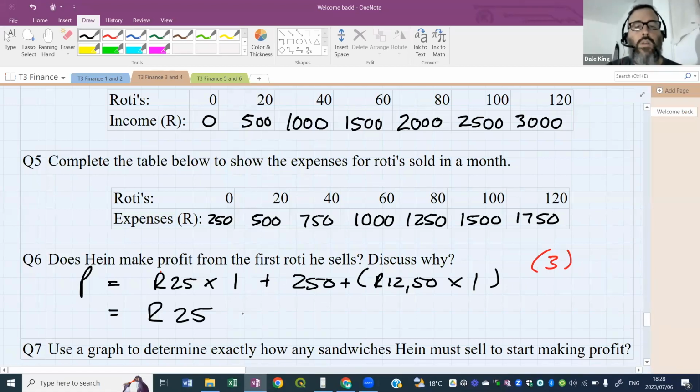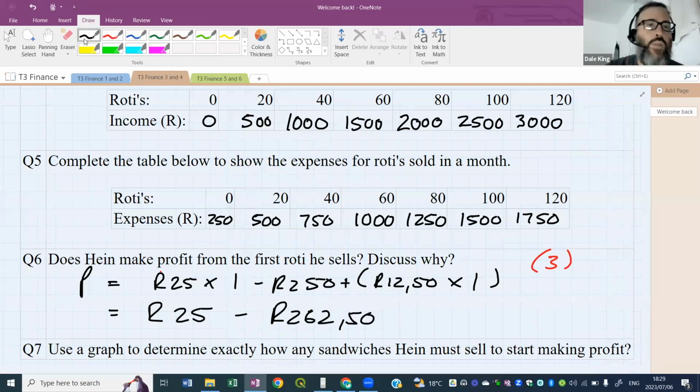What did you get for the expenses? 262,50. All right, so minus 262,50. Orabile, thank you so much. Brilliant work. That's fantastic. Good job. Thank you.